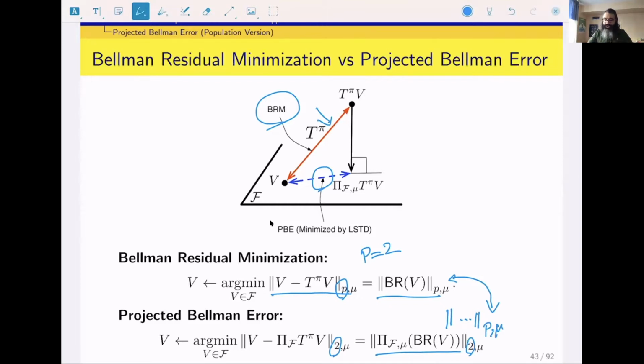But projected Bellman error, you can. But between these two, which one is better, if you could minimize them and if there was no bias issue? Suppose you have the model and you can minimize it. There's a lot of debate. Some people believe that projected Bellman error is more meaningful.